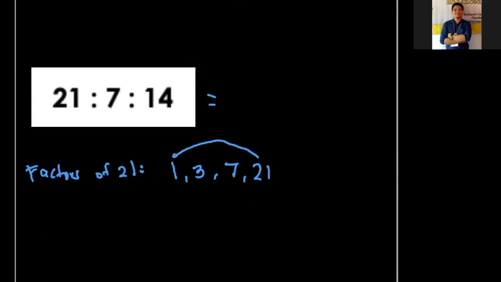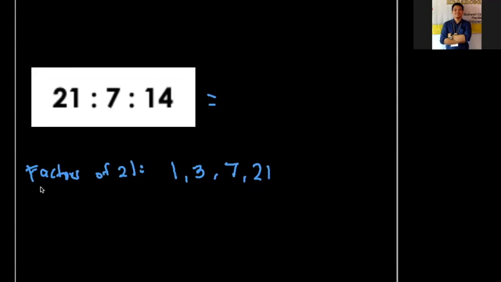So we can divide 21, 7, and 14 by what number? So first, we find the factors of each. Factors of 21. We have 1, 3, 7, and 21. Because 1 times 21 is 21. 3 times 7 is 21 as well.